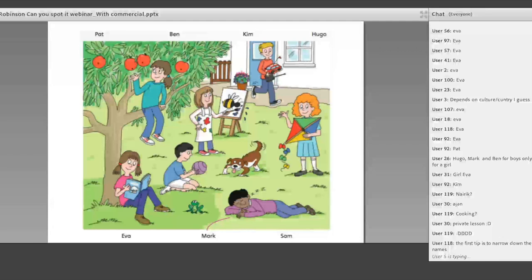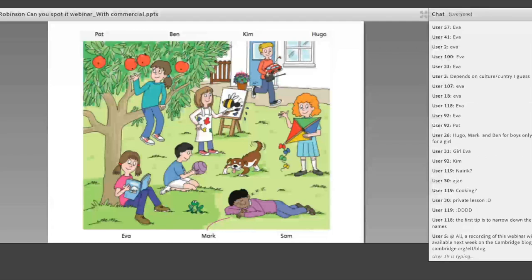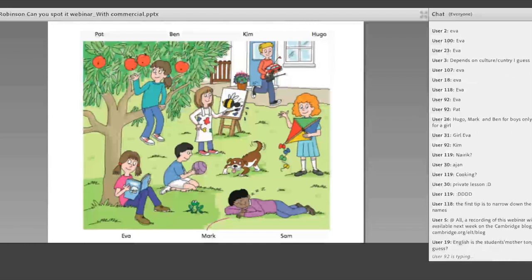I think that these are very useful things to spot and will help them when they're doing this task. So spotting here is really important even before they listen, as soon as they open their question paper in the Starters test, and thinking about these things. And it's also obviously valid for Movers and Flyers too.